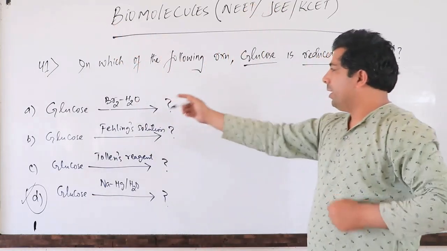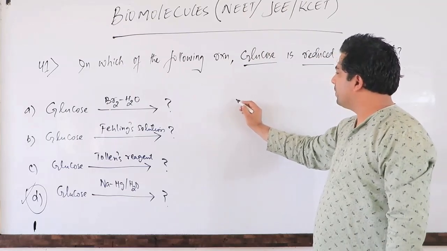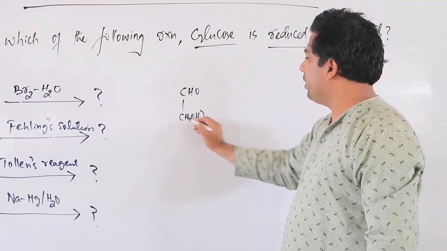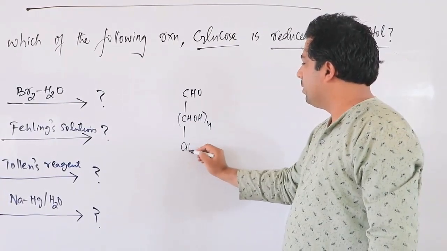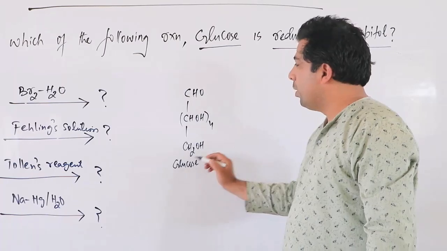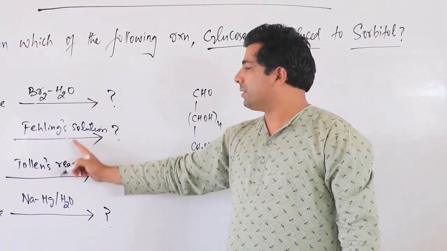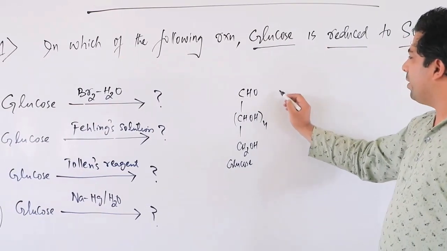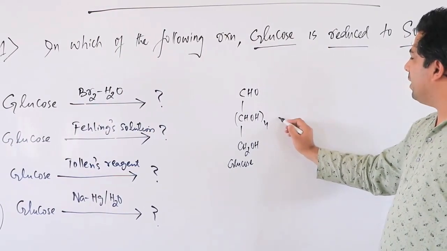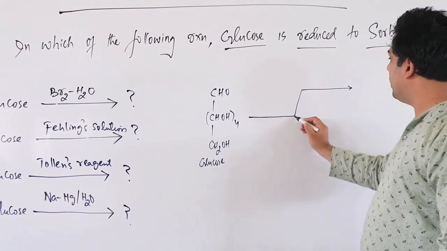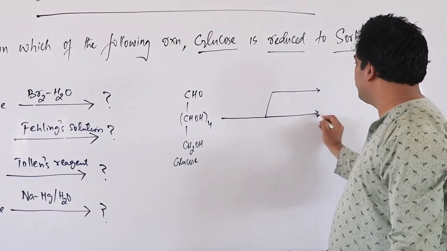What happens if we take a glucose molecule with us, CHO, CHOH 4 times, CH2OH. This is our glucose molecule. We know that bromine water, Fehling solution and Tollens reagent, they are oxidizing agents. So my dear friends, we have here oxidizing agents with us. So who are those oxidizing agents? Have a look.